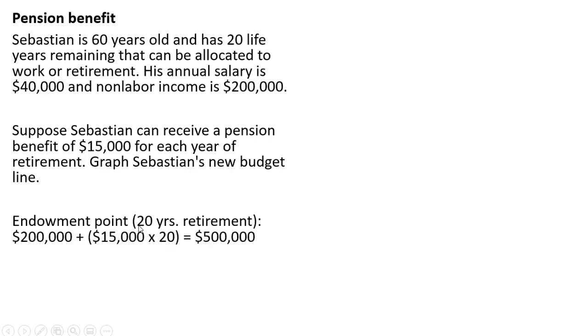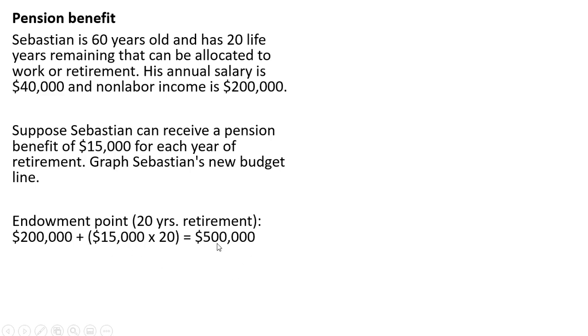So the endowment point occurs here at 20 years of retirement. He has this $200,000 of non-labor income he starts with, plus 20 years of retirement. He'll draw a $15,000 pension for each year of retirement, so $15,000 times 20 years of retirement. That's going to be $300,000 of income plus the $200,000.